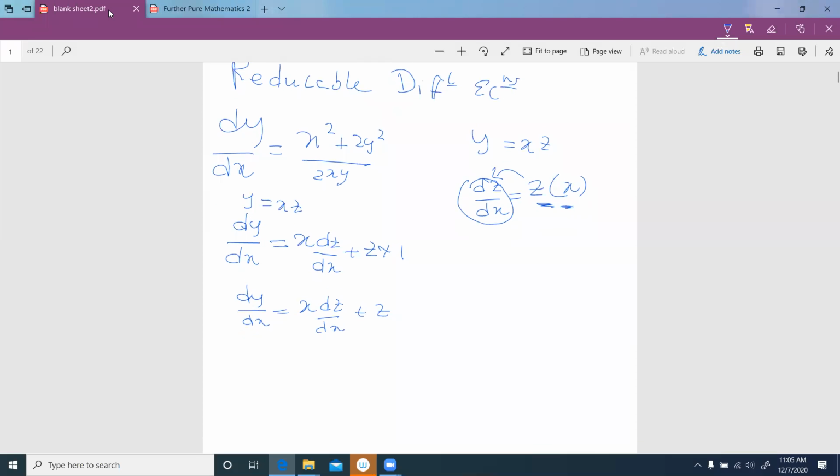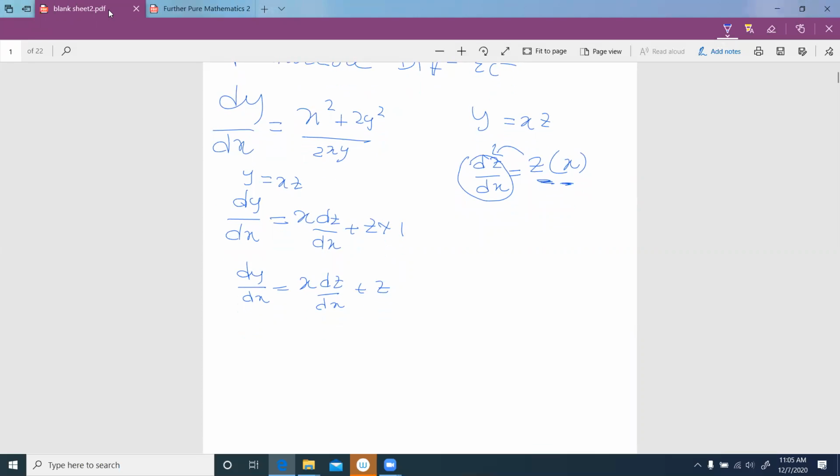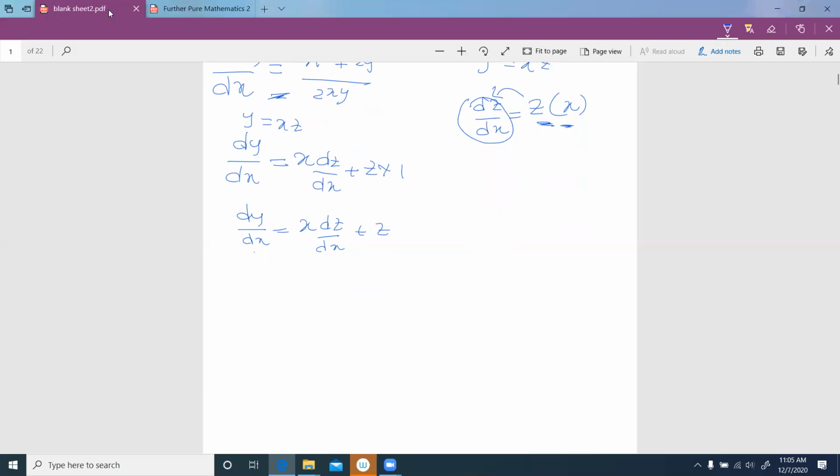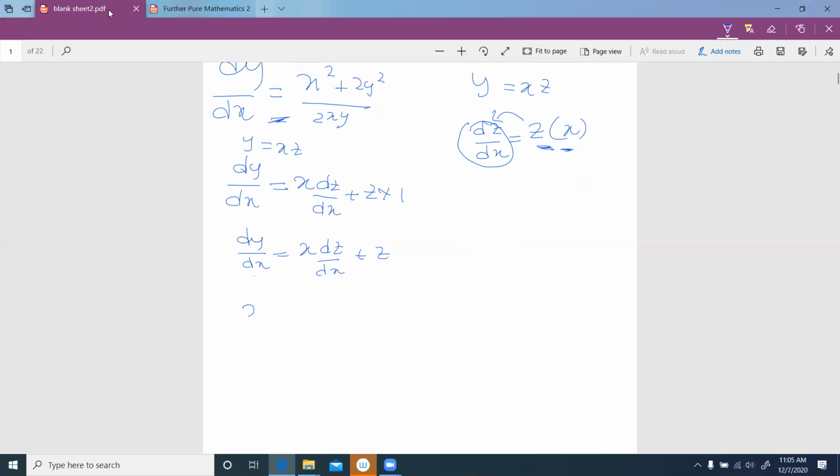Then we can replace this. Instead of dy by dx, we replace with this. From here you can write x dz by dx plus z is equal to... Now we have to replace this x squared and y squared, these terms over here.